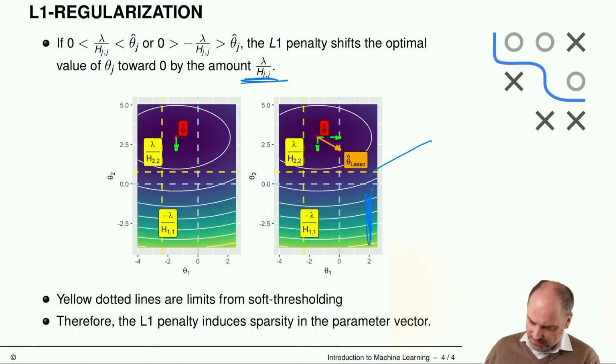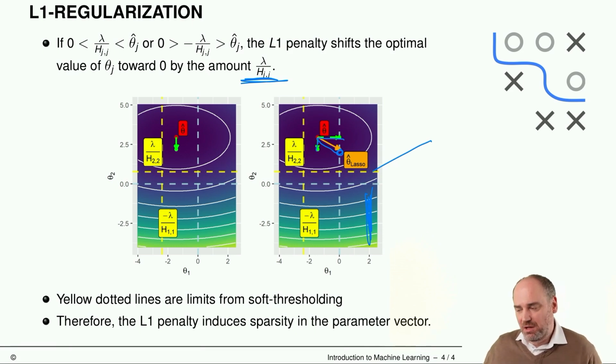And then at the end, we put these two operations together, this here and this here, and then we arrive at this point, which is our lasso solution, okay? So this again shows you that we produce sparsity.